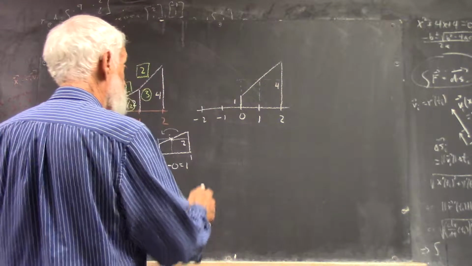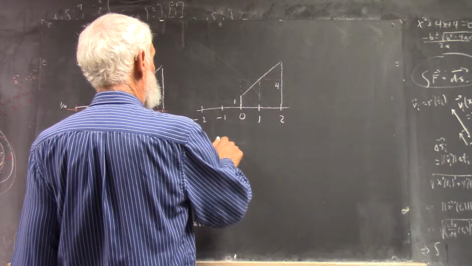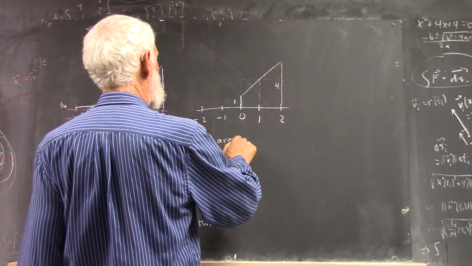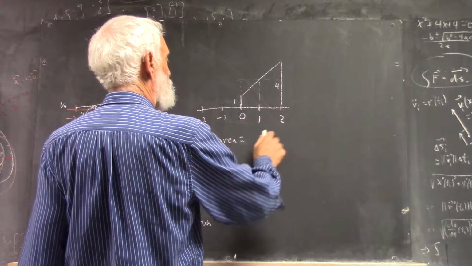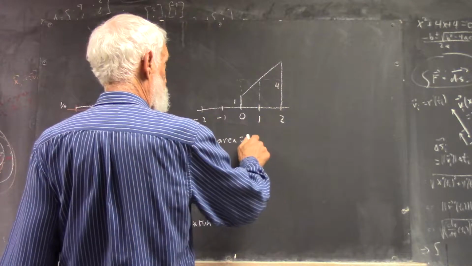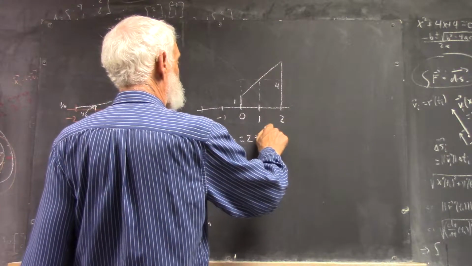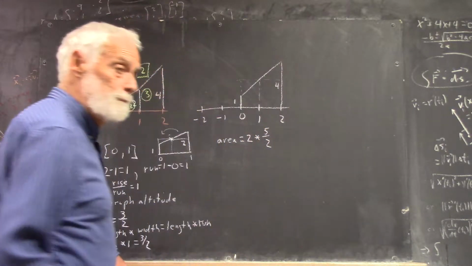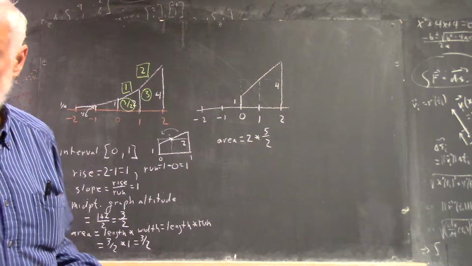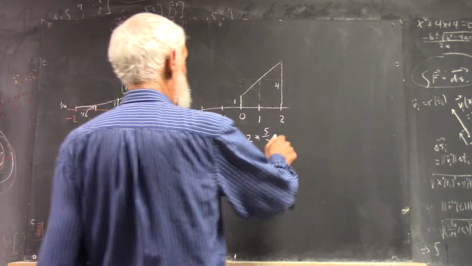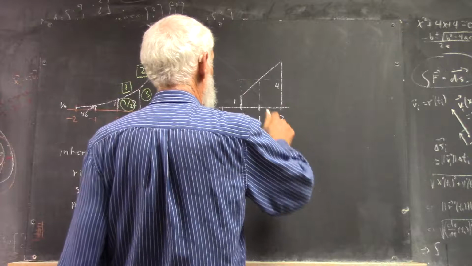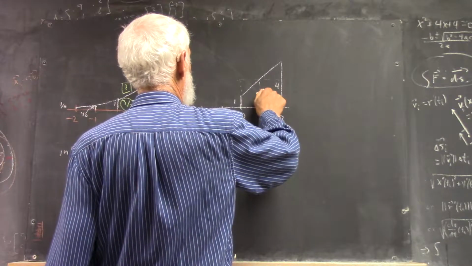The area is width times midpoint altitude. The width is 2, the midpoint altitude is 5/2, 2.5, and that gives us an area of 5. So we can put a 5 here.